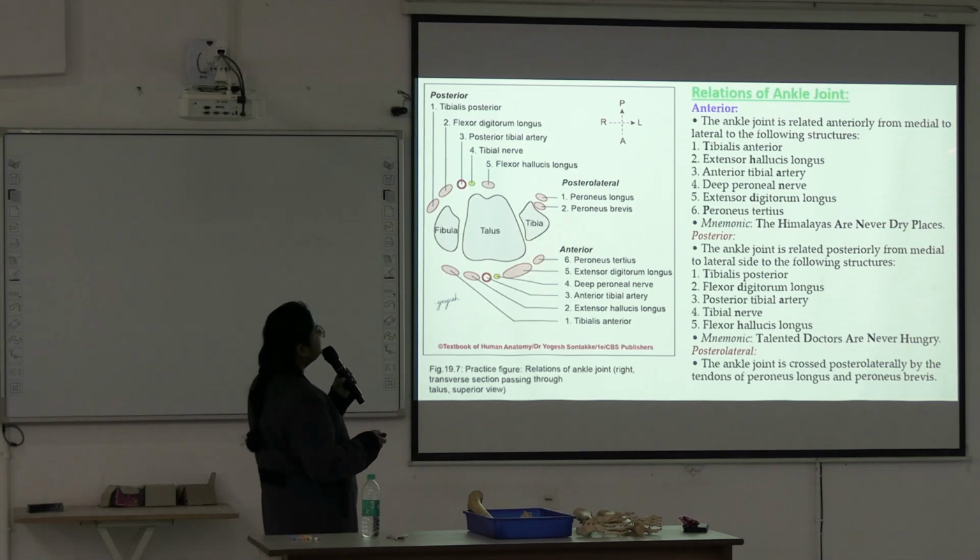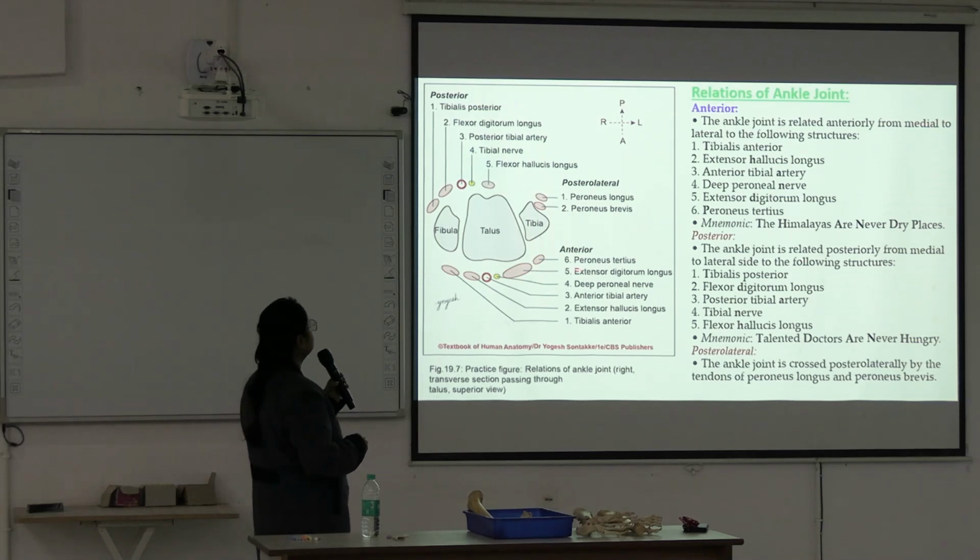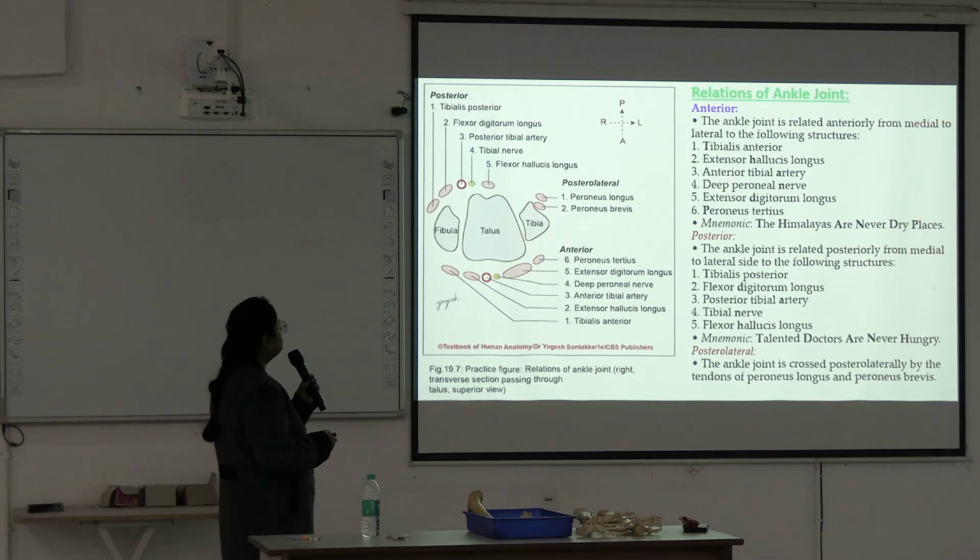The ankle joint is related anteriorly, from medial to lateral, to the following structures. First is tibialis anterior. Next is extensor hallucis longus.